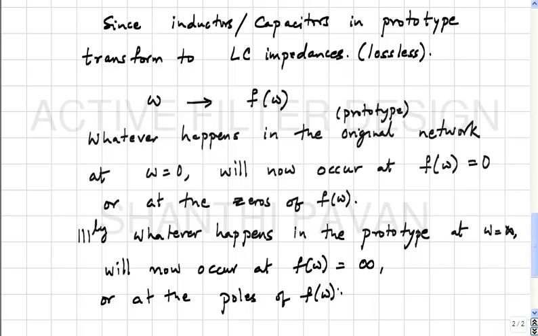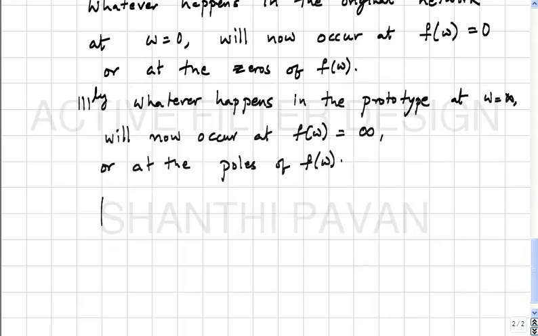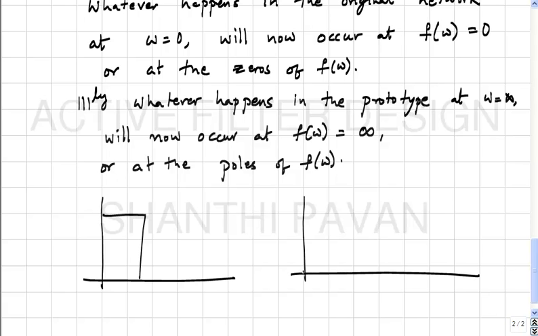Now turning this upside down, whatever be the nature of f of omega, if you want this low pass to be transformed into a band pass like this, what should the constraints on f of omega be?